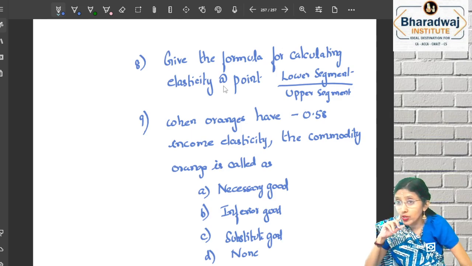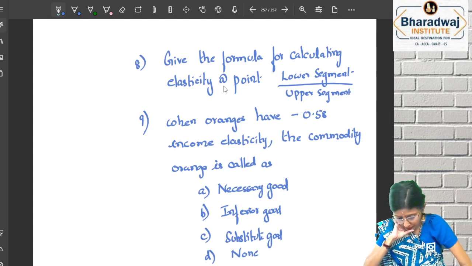Think and do it, because two answers have been given for this and the highly voted answer is taken. So recollect income elasticity of demand, and then do it. In fact, they are suggesting even drawing the diagram and doing. But anyway, you can recollect and do.